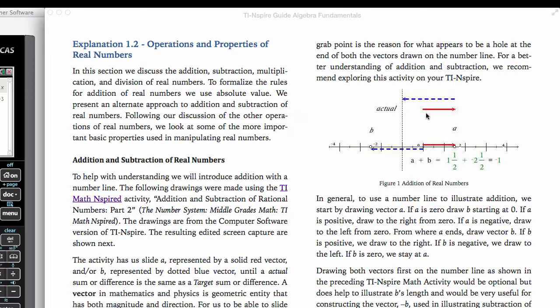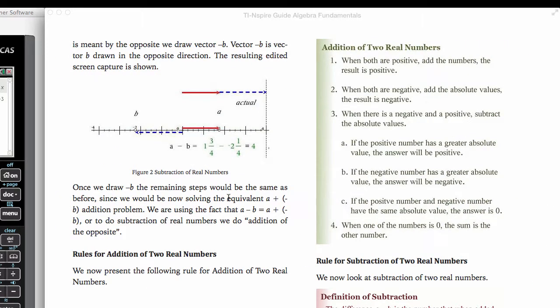If we put them together, connecting the vector and drawing these as a vector where we show direction and magnitude, we go out this direction and come back, we can see that the answer turns out to be -1. This is an exercise that you can do for yourself if you would like to do some more experimentation with this. On the next page, we look at subtraction.